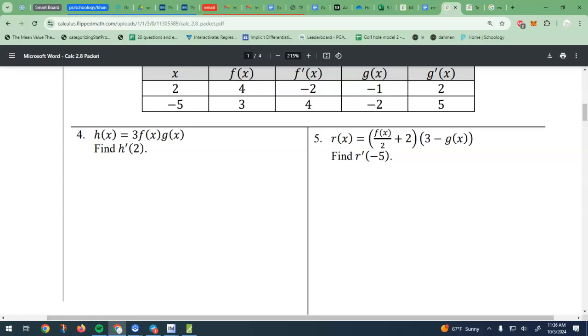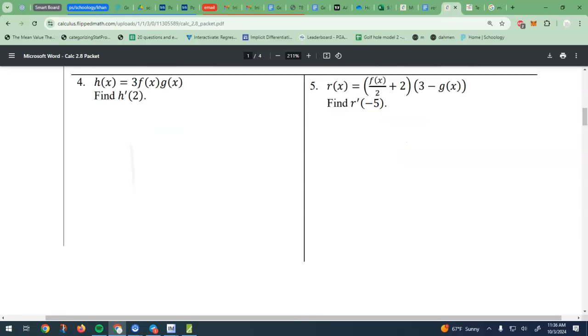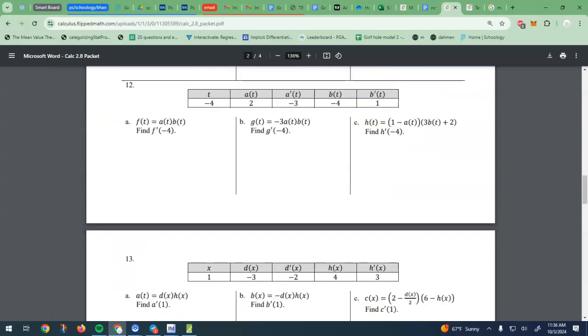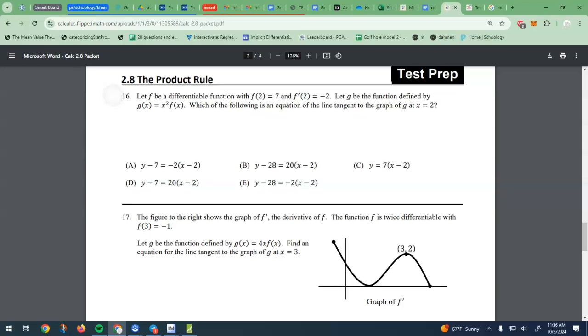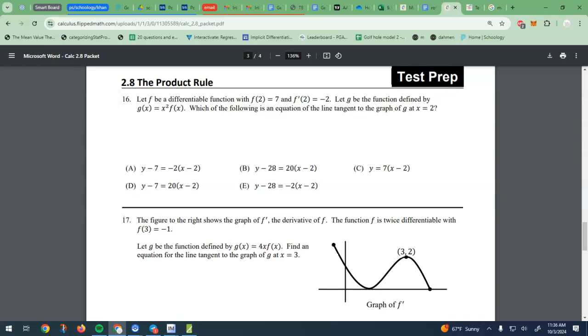Alright, jump to the practice, the test problems at the back of the packet. Like 16. Let's do 16. So I see right away, what is the equation of the tangent line?